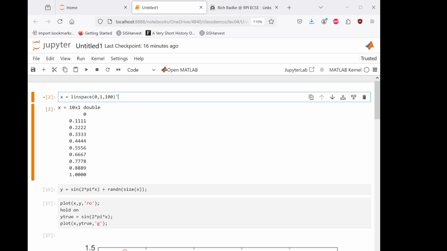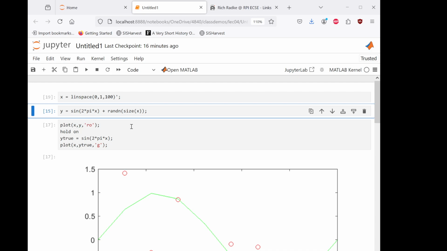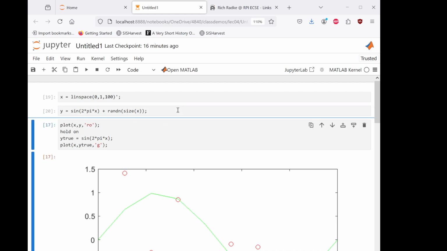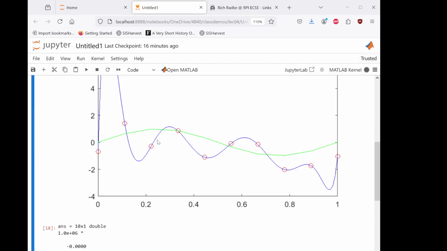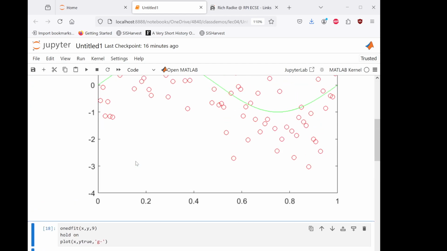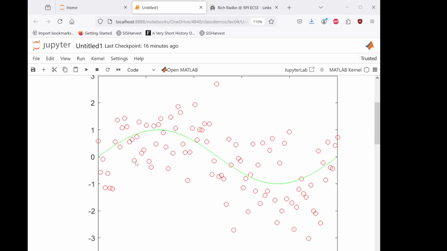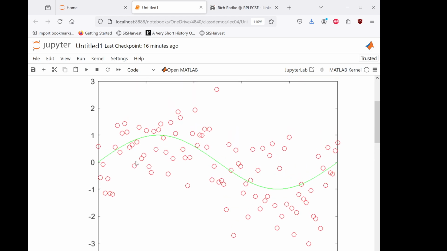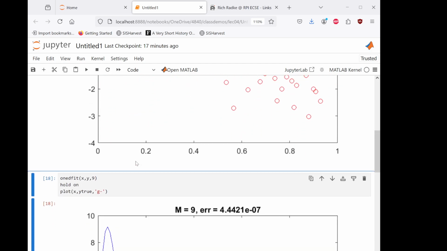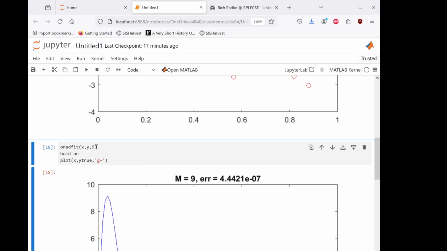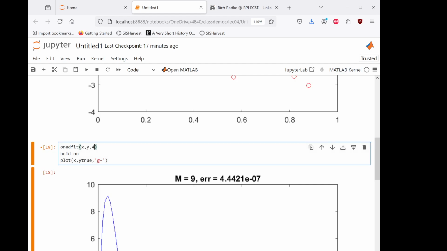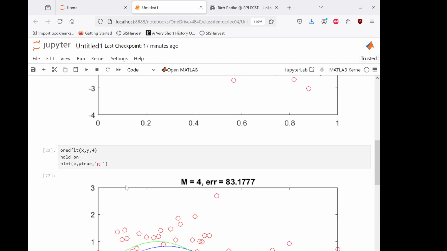And I don't want to see them on the screen. And now I'm going to make my y, and I'm going to plot my points. So this is now the true fit plus the noise, and I've got lots more data points now.